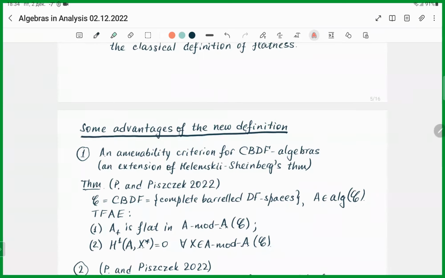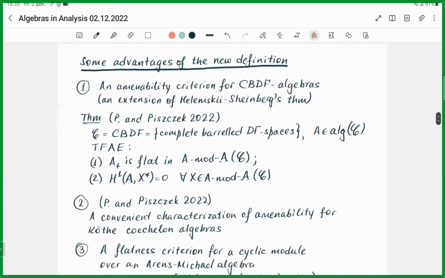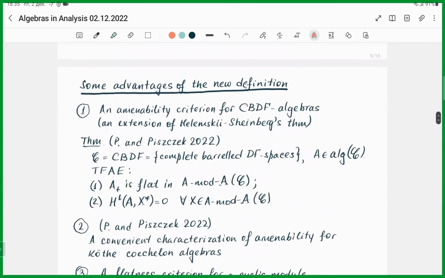So if A is such an algebra and C is the category of complete barreled DF spaces, then it turns out that the unitization A plus is a flat topological A-bimodule if and only if the first continuous Hochschild cohomology of A with coefficients in any dual topological bimodule, I mean dual to X, where X runs over this category, vanishes. That is, all derivations from A to X star are inner. By using this criterion, it's possible to give a convenient characterization of amenability for the so-called chaotic co-echelon algebras. This was also done in our joint paper with Krzysztof Piszczek.